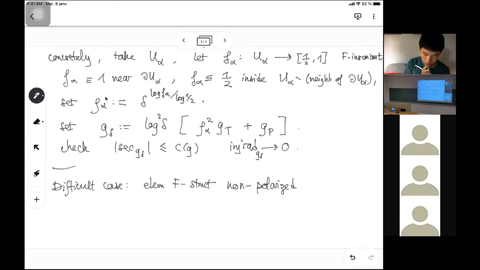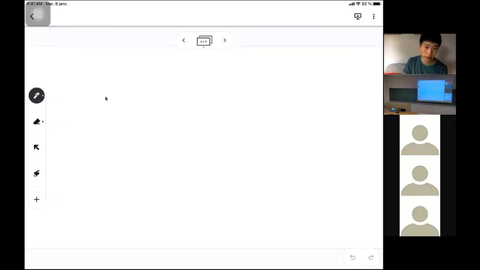So first thing to remark is that indeed you have a lot of non-polarized F structures that exist.